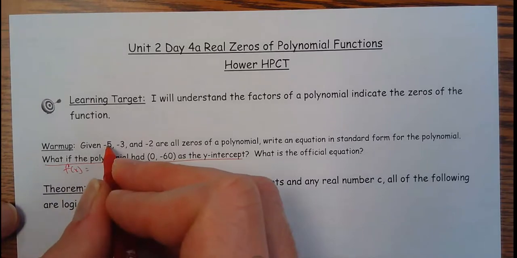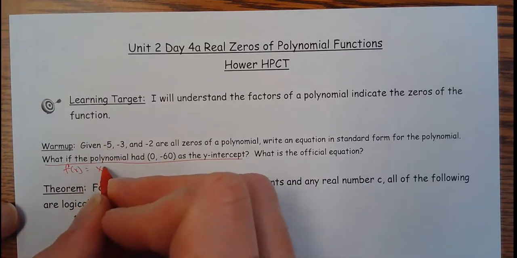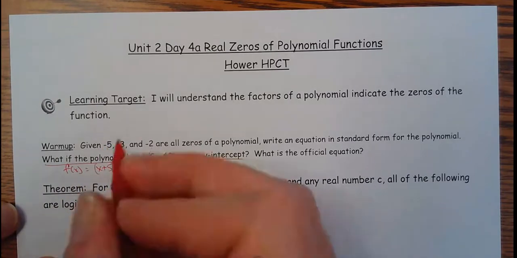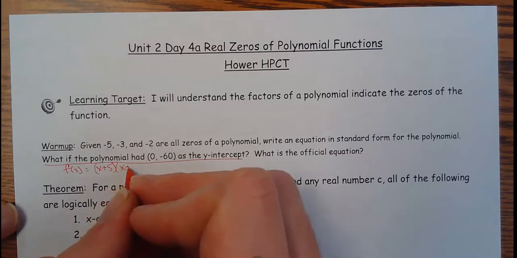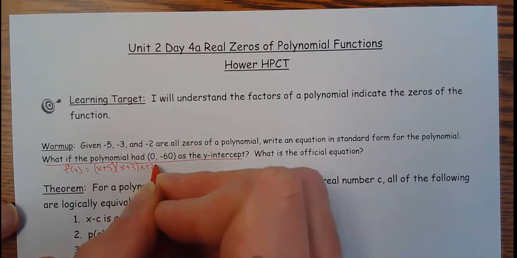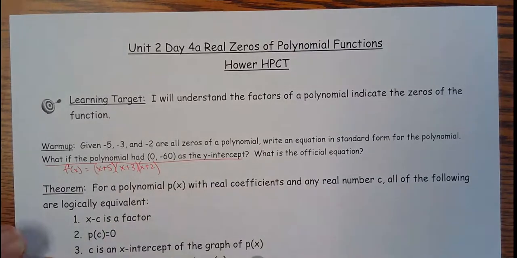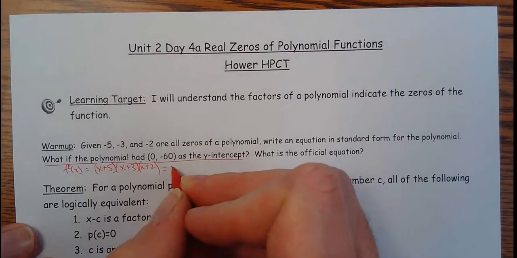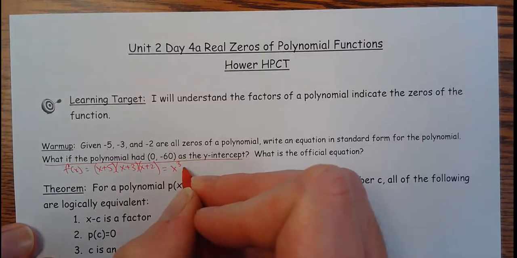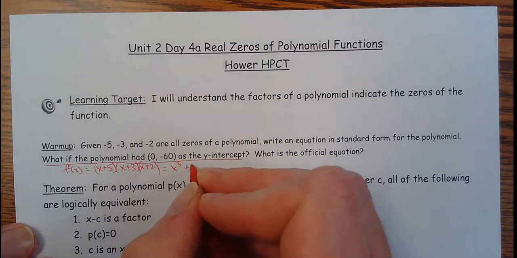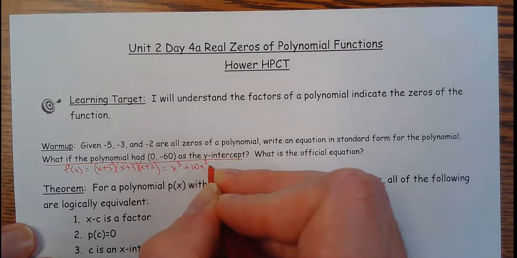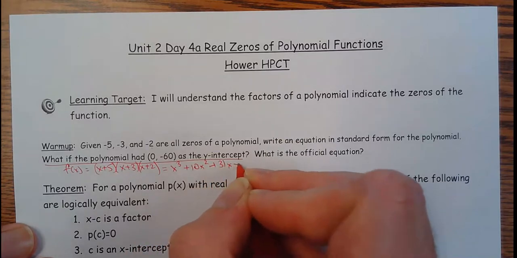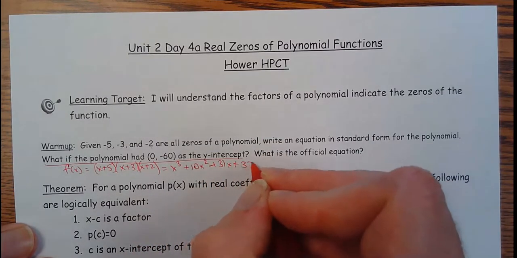If -5 is a zero, that means x plus 5 would be a factor, x plus 3, and x plus 2. Now, to save you some time, if you multiply this all out, that's going to equal x cubed plus 10x squared plus 31x plus 30.